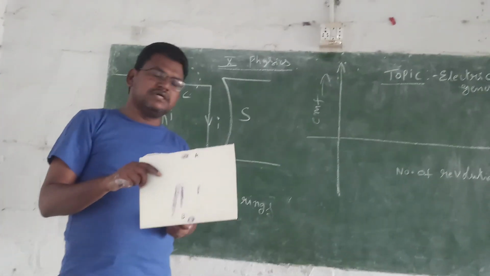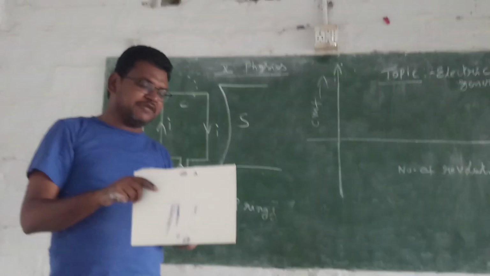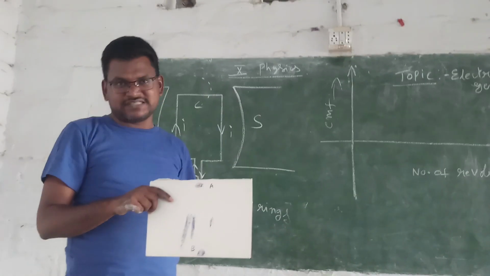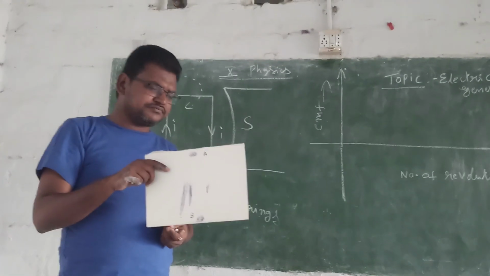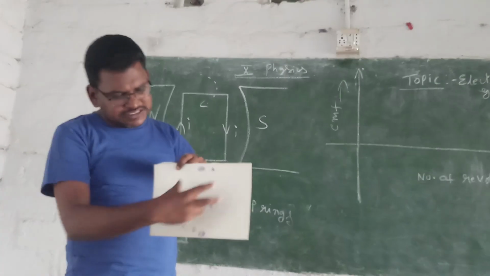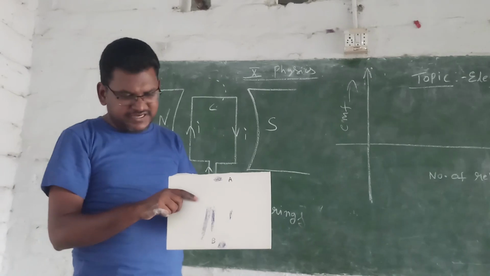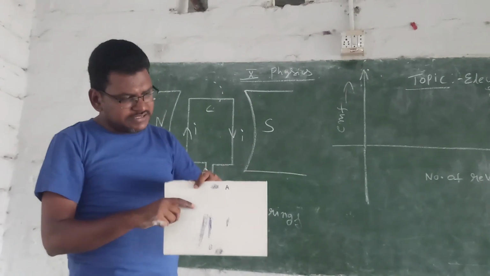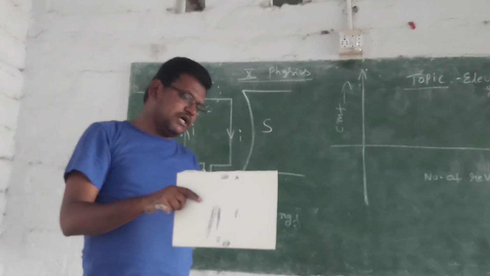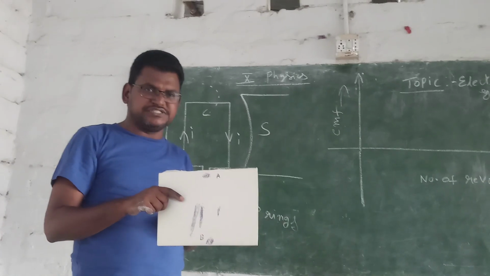Why? Current is induced when there is a change in the magnetic flux through a coil, not by the flux alone. In this case the flux is a maximum because the surface area is perpendicular to the magnetic field lines, and more magnetic field lines pass through the coil in this orientation.